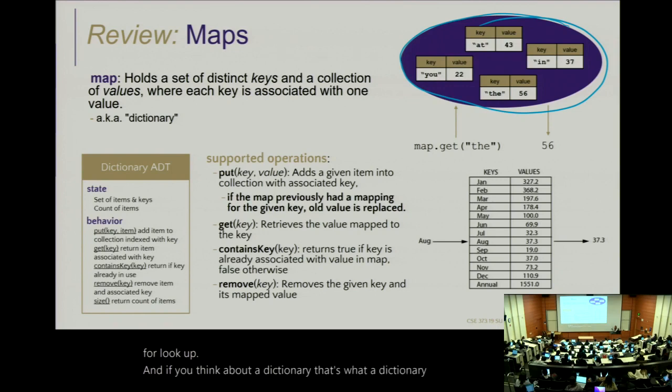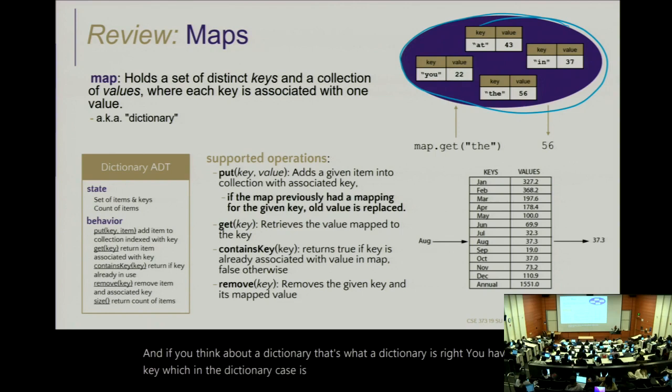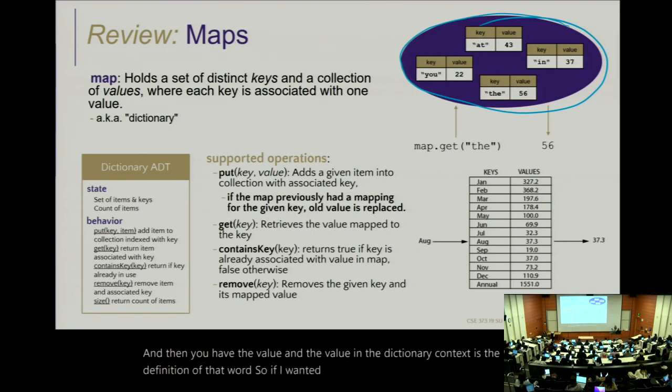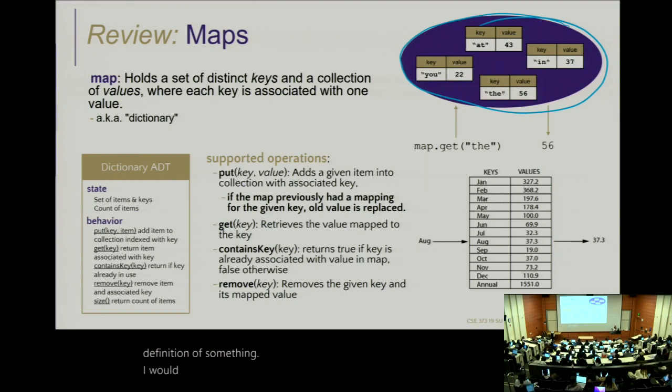You have a key, which in the dictionary case is a singular word, and then you have the value. And the value in the dictionary context is the definition of that word. So if I wanted to open up that book and look for the definition of something, I would use the key, the word, to navigate through that dictionary in alphabetical order. The key unlocks the thing I'm looking for, the value.